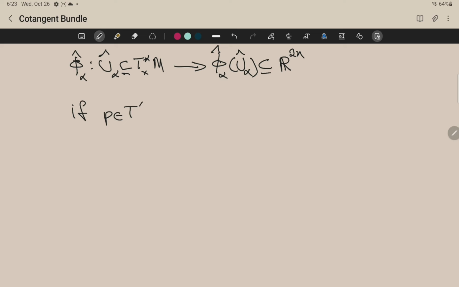Now if we let P be an element of the cotangent space, notice P is equal to p_i times dx^i. So this object here is a covector, because the dx^i is a one-form.